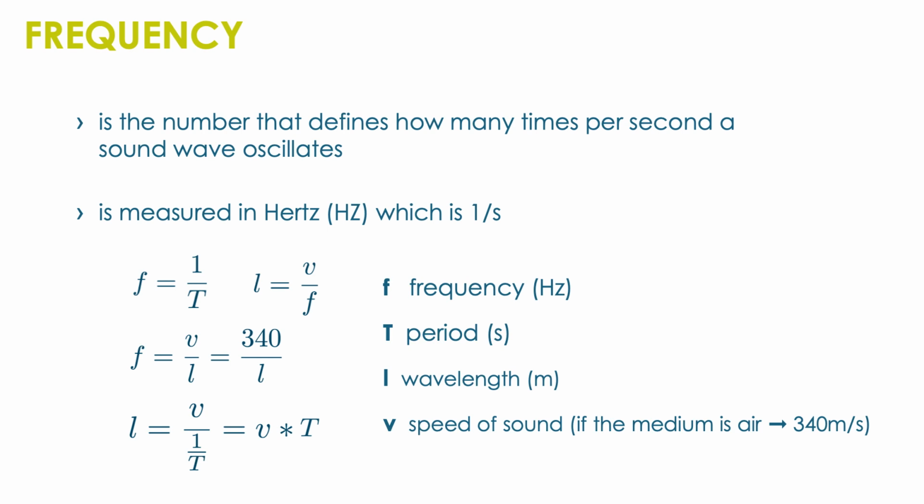So the frequency is f = 1/T, and the wavelength L is computed by L = v/f. On the other side, f = v/L, which is basically 340/L. And then L = v/(1/T), which is basically v, the speed, multiplied by T, the period.